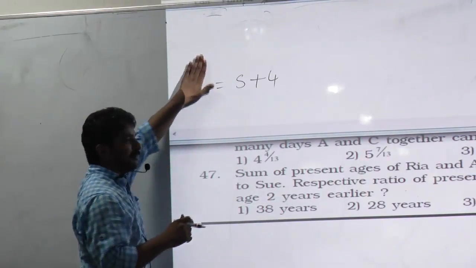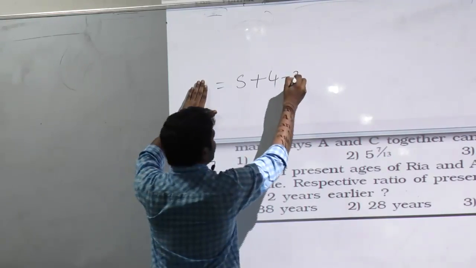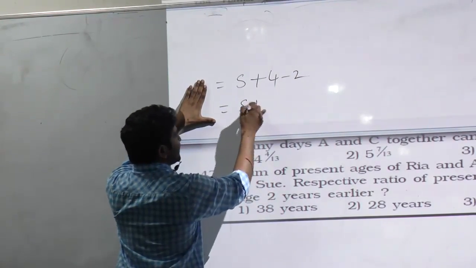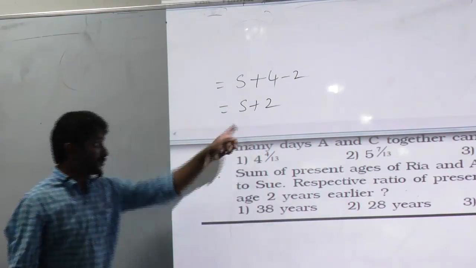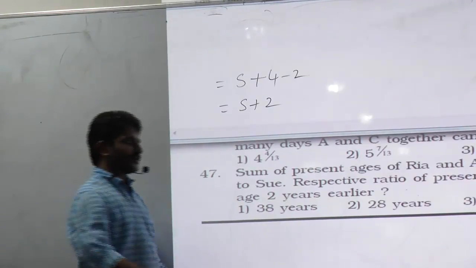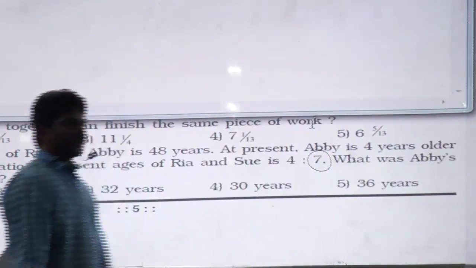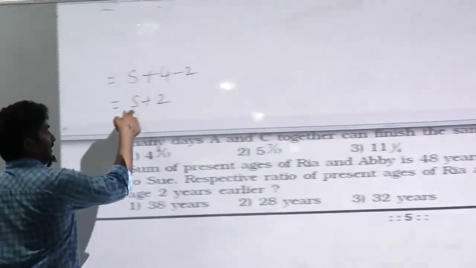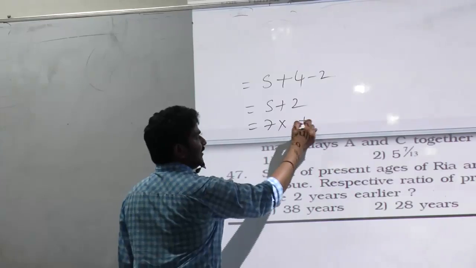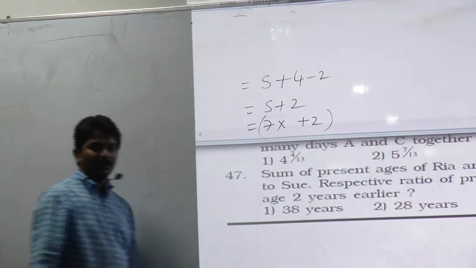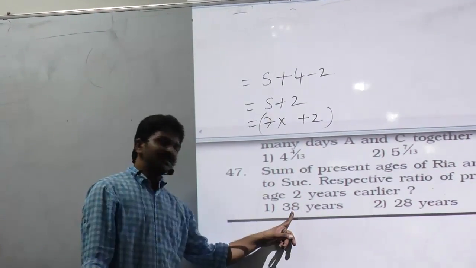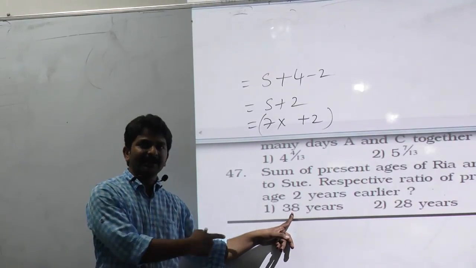2 years back means minus 2, so subtracting 2 years from this is enough. How much is that? S plus 2. And this is what you need to calculate. From the ratio of percentages of Ria and Sue, Sue is how many parts? 7 parts. So your answer should be a multiple of 7 plus 2. Let's verify that. If you subtract 2 years, you'll get 36.